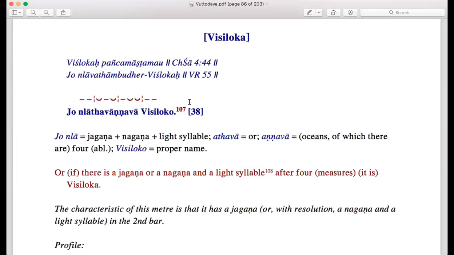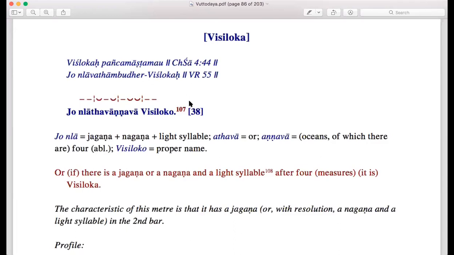So we can pronounce it as Jon La. Jon La Thavanava Visiloko. So that is the Visiloka verse.